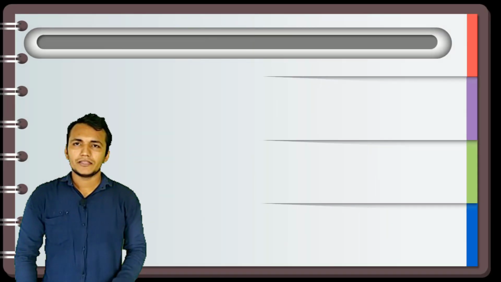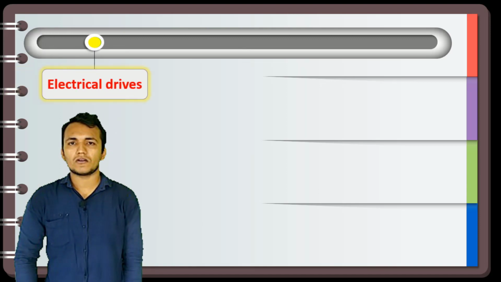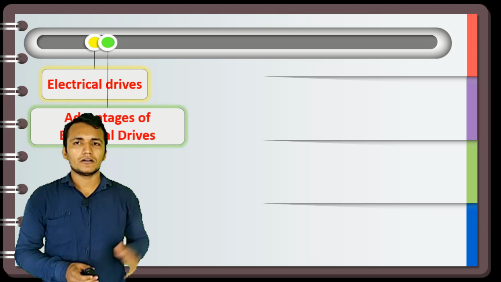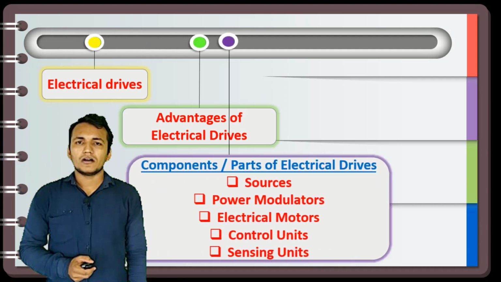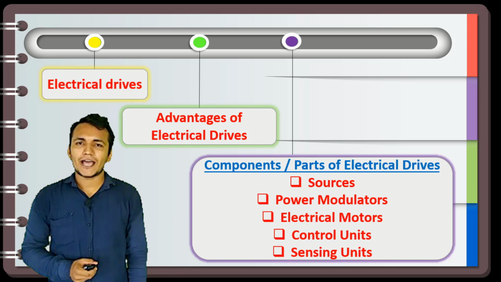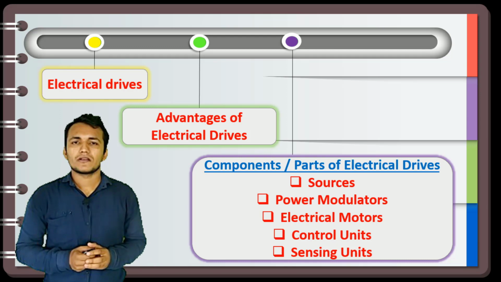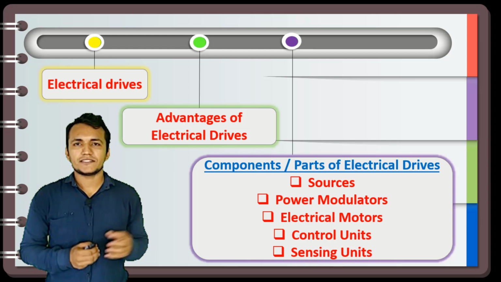First, we have to study the basics of electrical drives. Then we have to study the advantages of electrical drives. Then the components or different parts of electrical drives, that are source, power modulators, electric motors, control units and sensing units.